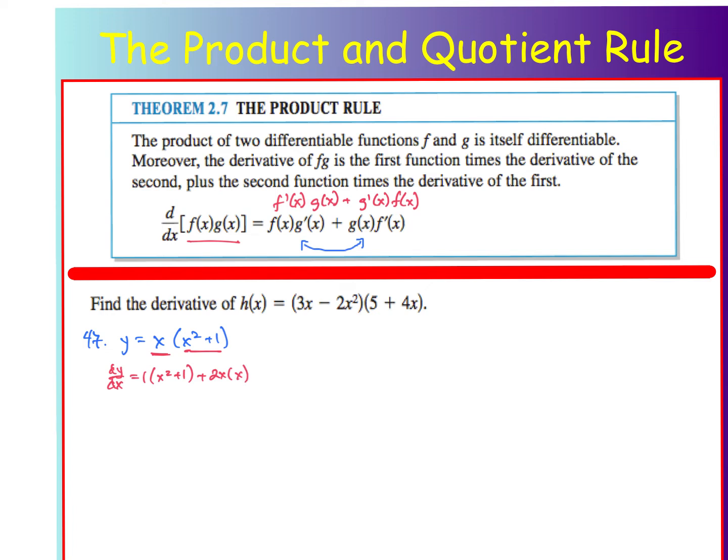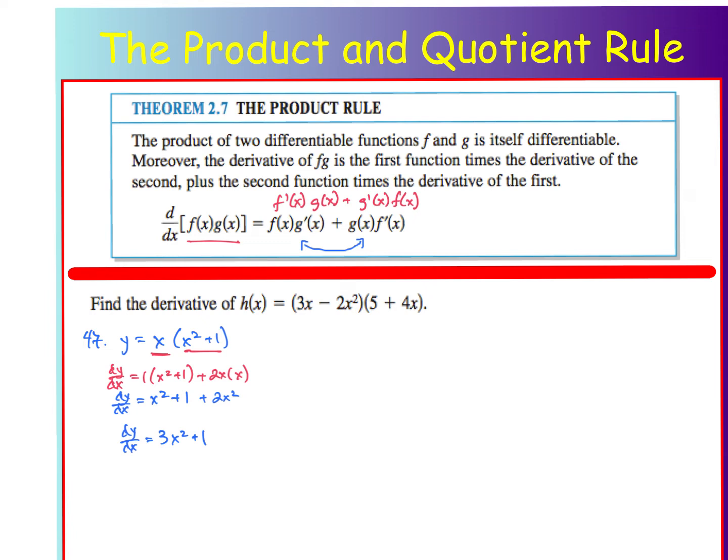Well, now if I start combining like terms, or if I distribute, so I end up having x squared plus 1 and then plus 2x squared, right? Now when I combine like terms, what do I get? I get 3x squared plus 1. Isn't that the same thing we got yesterday?